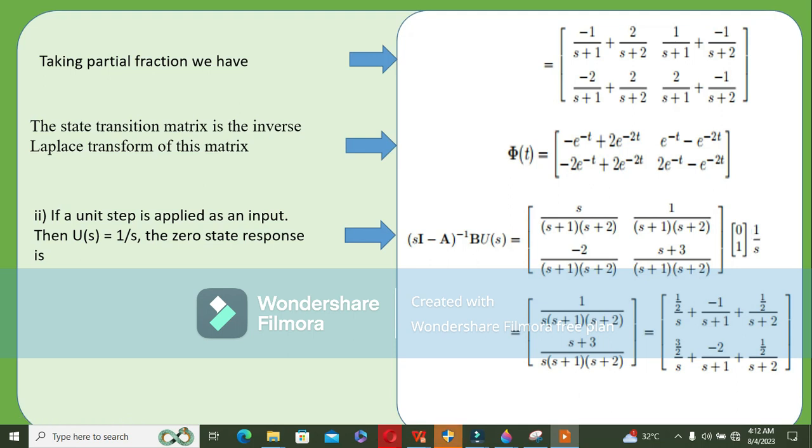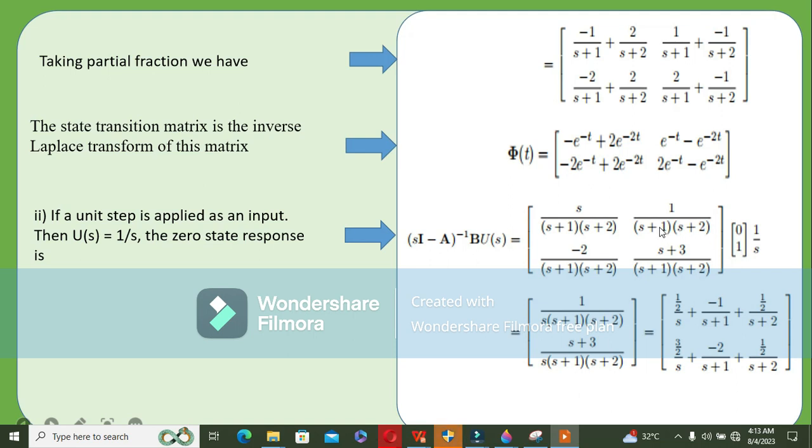Then we already know that our input is a unit step input, and in frequency domain it is 1 over s. So you can see that. This means 1 over s times 0, which is 0, and 1 over s times this, which is 1 over s. So of course we can now expand, by multiplying this times this plus this times this.